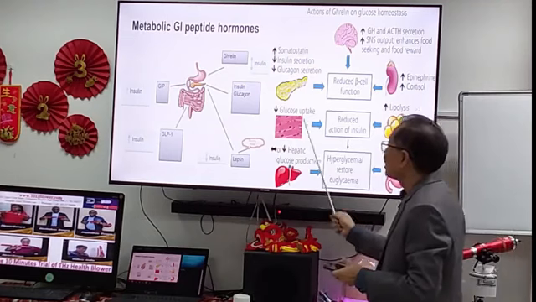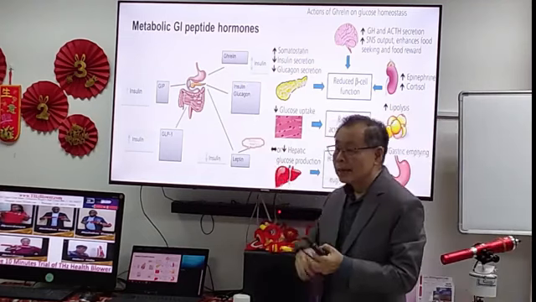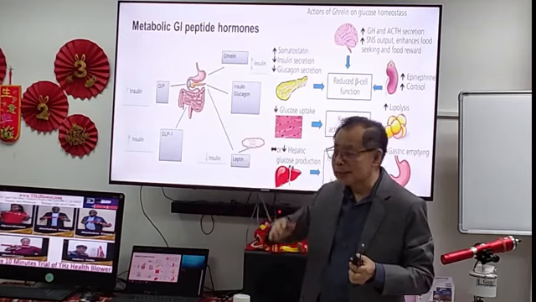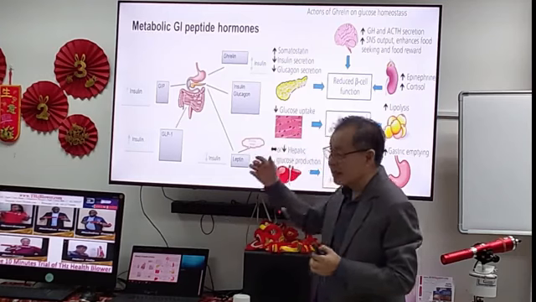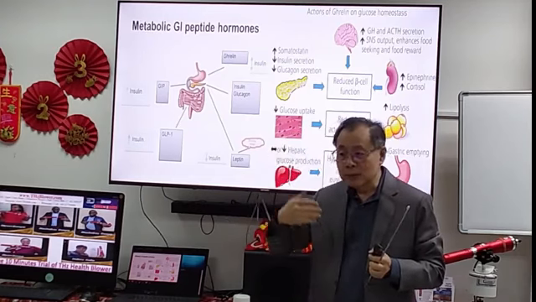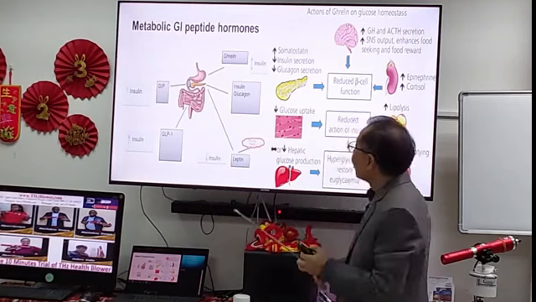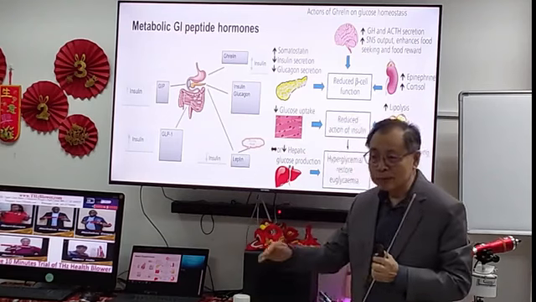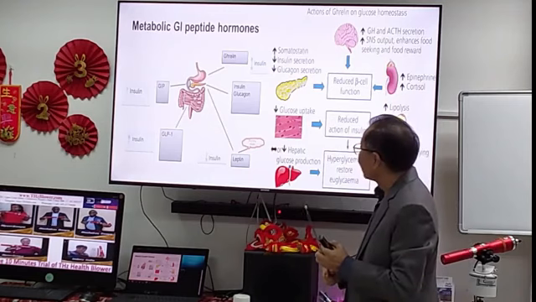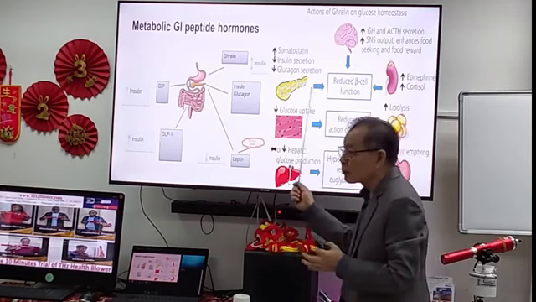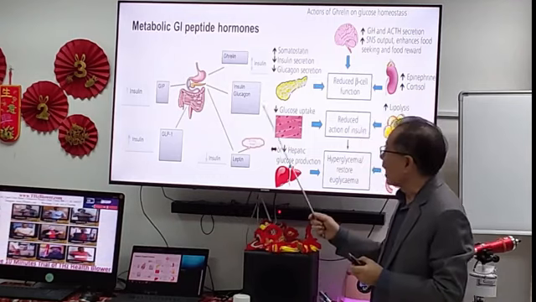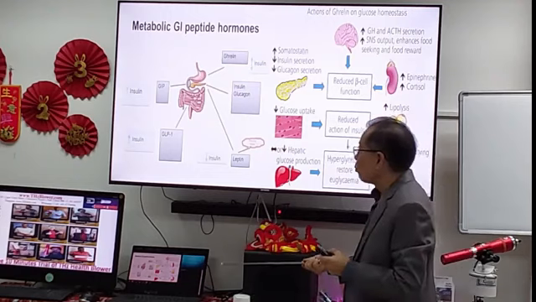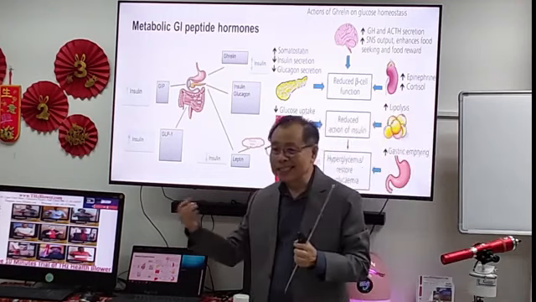But very simply, all we need to remember is that there are hormones that regulate your blood sugar level up or down, and there are hormones that regulate your appetite, which increases your blood sugar, or leptin, which stops appetite and therefore reduces your blood sugar. What I want to impress on you is that it is much more complex than that. And why is it that we have diabetes? Because we override all these things by eating.